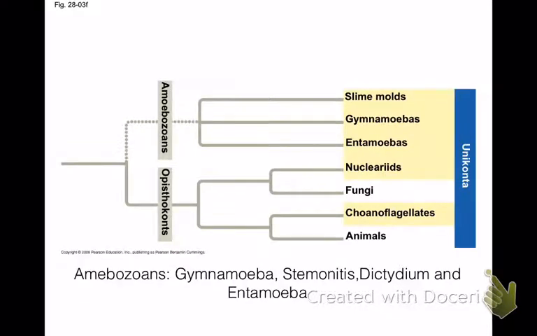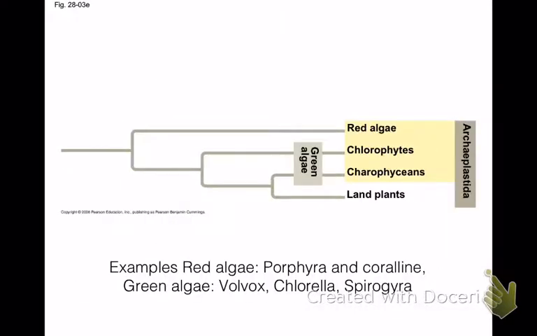Let me go back here for just a second. So some of the key features here of the red algae: they get their name because of a red pigment, phycoerythrin, which helps them more efficiently do photosynthesis in the deep tropical waters where they are found.